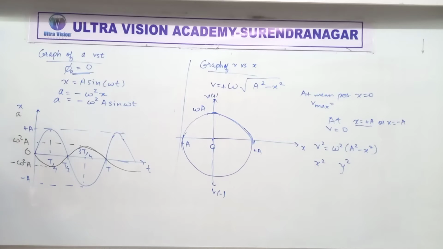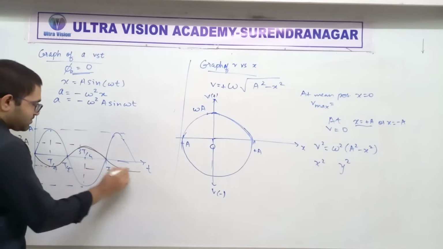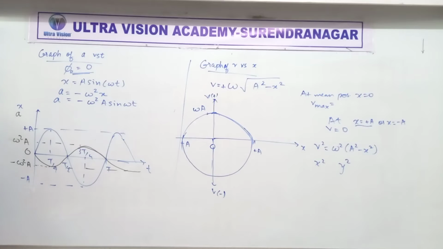Understood the graph, everybody? Why are the heights not the same? Simple reason. The maximum value of x is A, but the maximum value of acceleration is not A, it is A into ω². That's why the height is not the same. Understood?